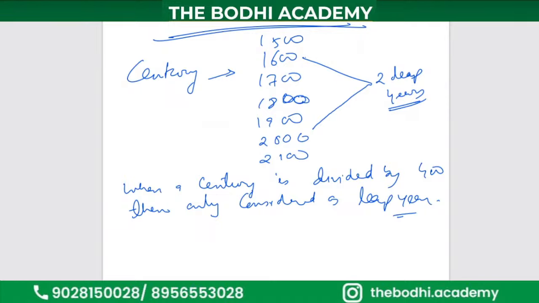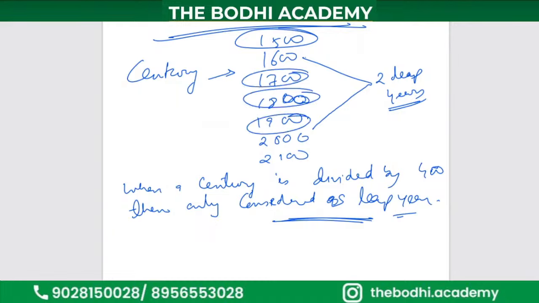Okay. When a century is divided by 400, then only you call a century a leap year. So that means 1500, 1700, 1800, 1900 and 2100 are not leap years.